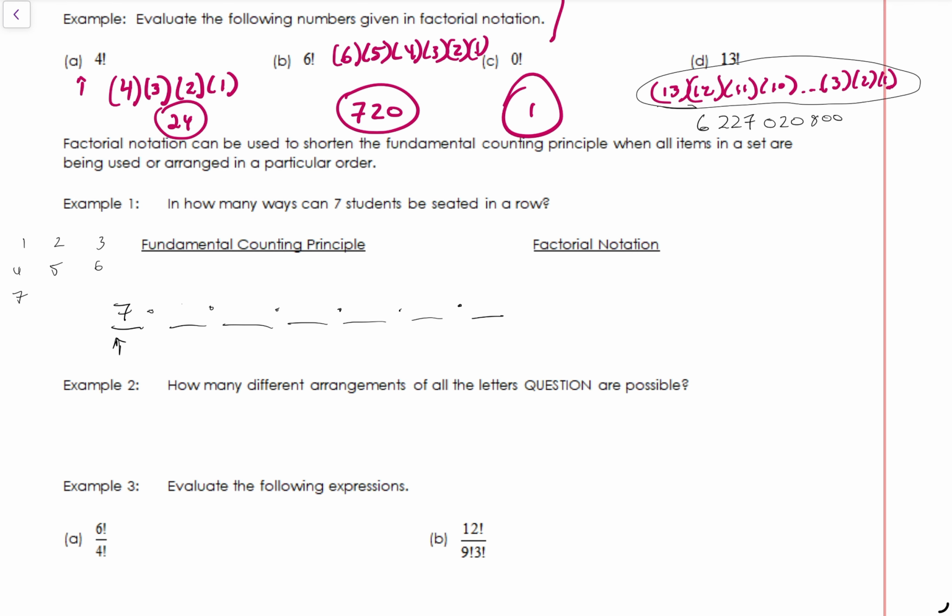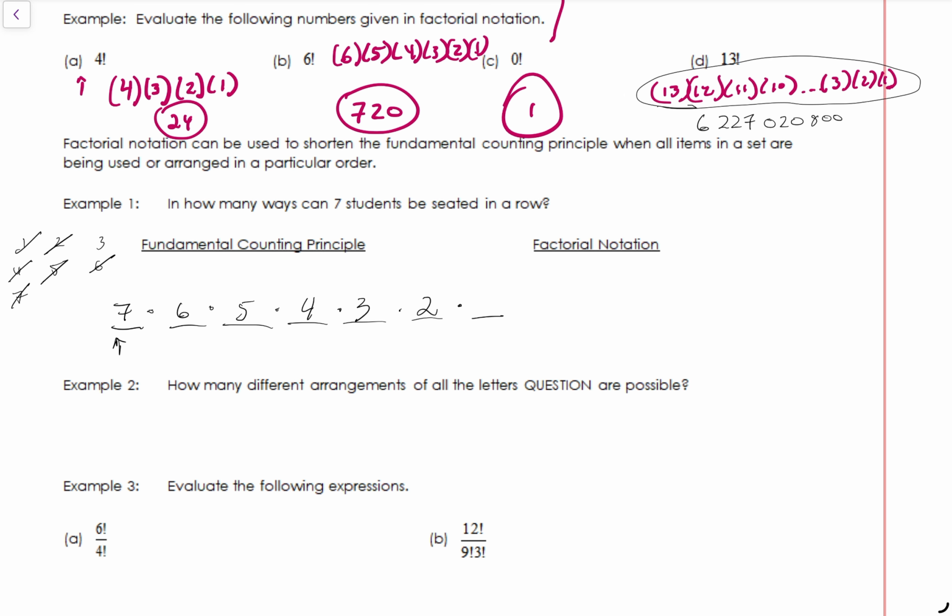How many options for the second choice? 6. So 7 and then 6. And then there are 5 left for the third seat. And then I'm going to put somebody in the middle, so there's only 4 people left. Then for the next seat, that is 3 options. There are 2 seats remaining, so I'm going to put one of the 2 people remaining.